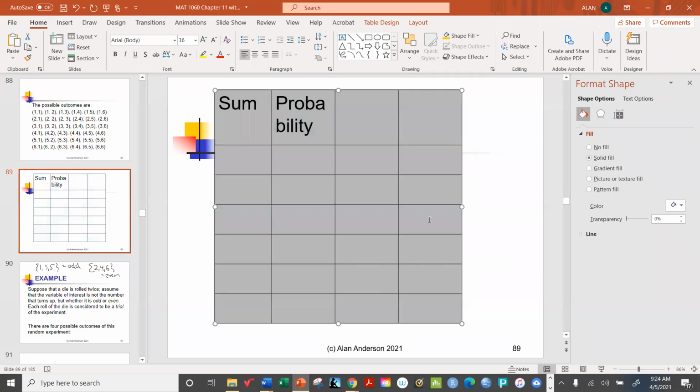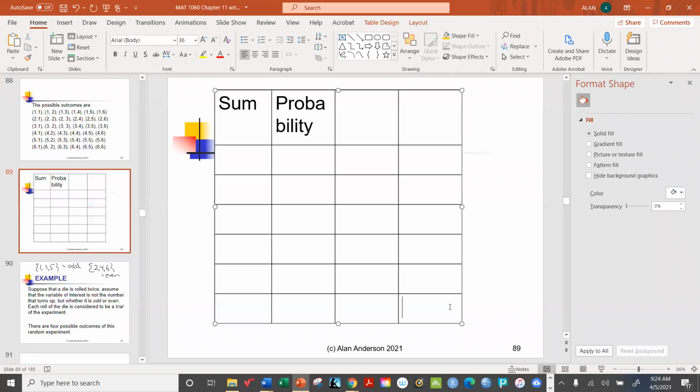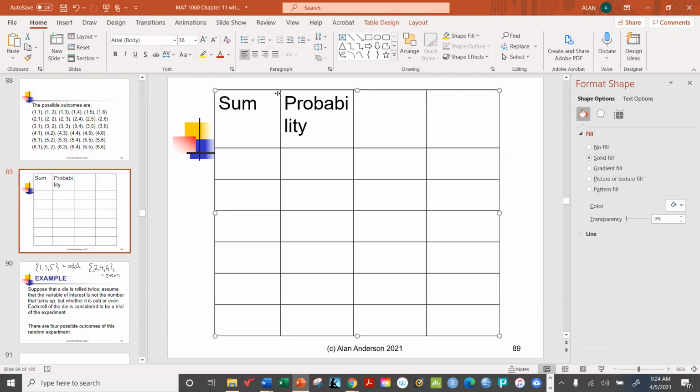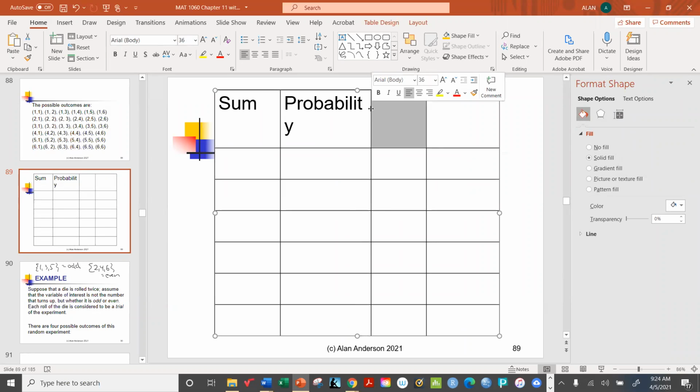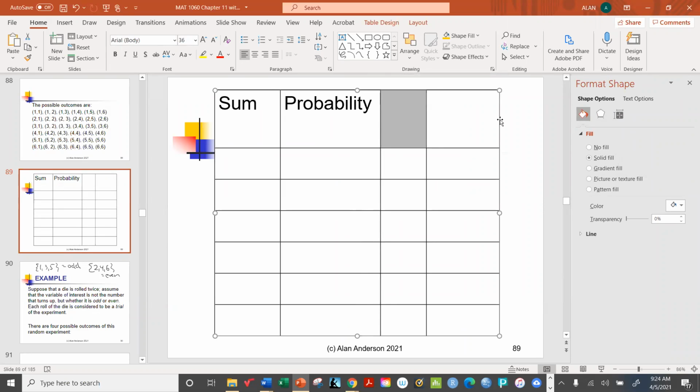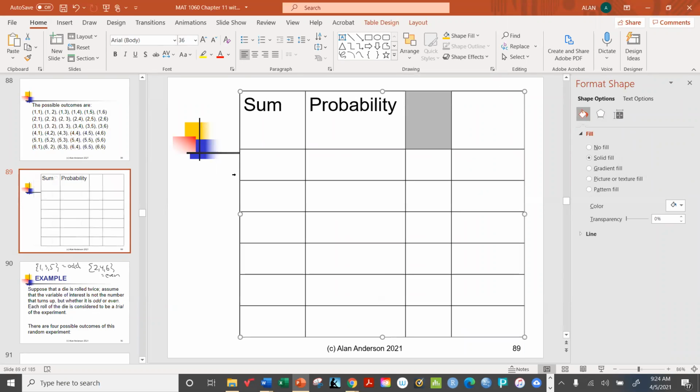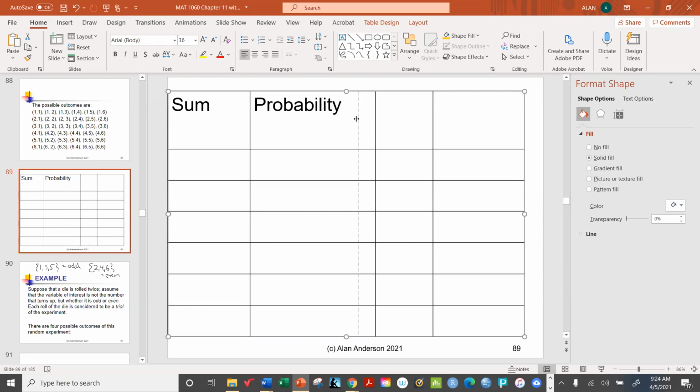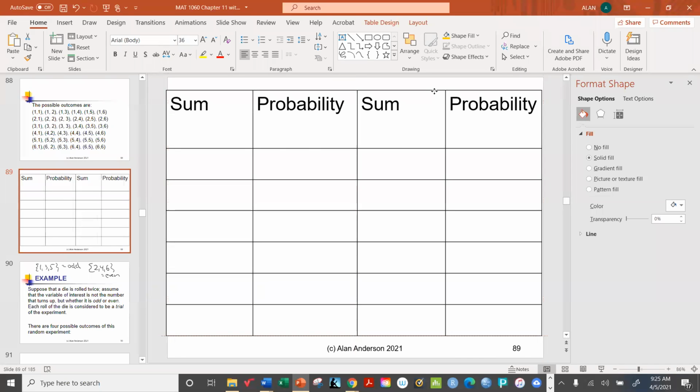No, I want white. The purpose of the white is to block off anything that's in the background. All right, so what am I after here? You can see I'm giving you a free PowerPoint lesson. How to create a table in PowerPoint that looks right. One day you're going to need to know how to do this, most likely.